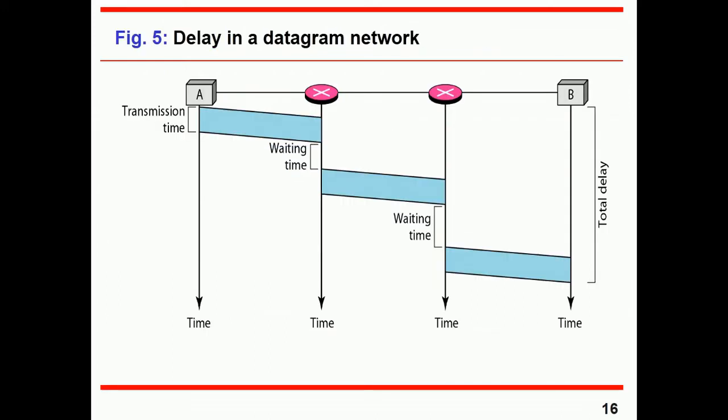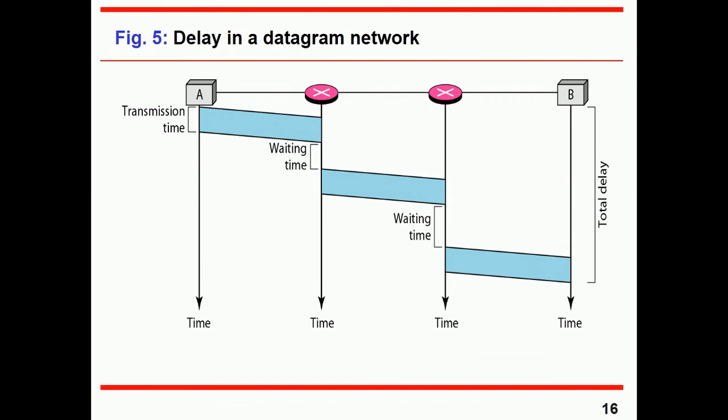This is the delay diagram in the datagram network, that is, in a packet switched network. There are two devices, A and B, and both want to communicate. A is sending data, so some transmission time will be required. After that, the data is received at switch 1, we can say router, and after some time, it sends the data to another intermediate node.